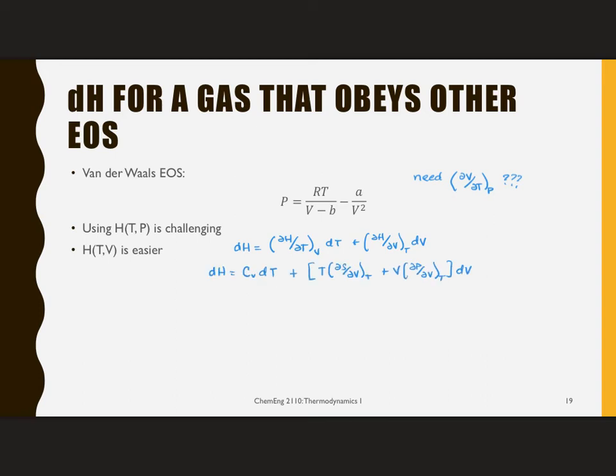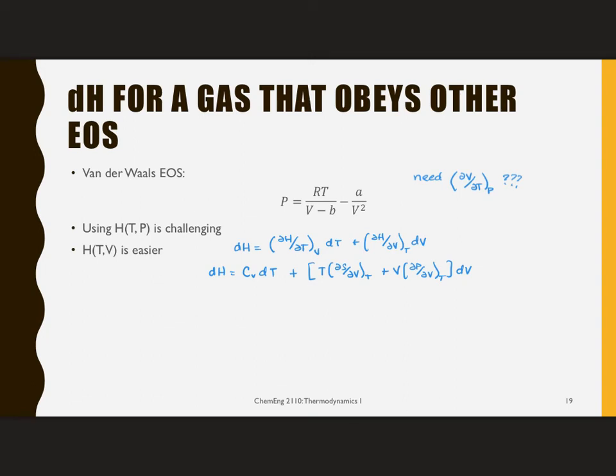Therefore, dH is C_V dT plus the quantity T dS dV at constant T plus V dP dV at constant T, all times dV. I can use a Maxwell relation to get rid of the S.